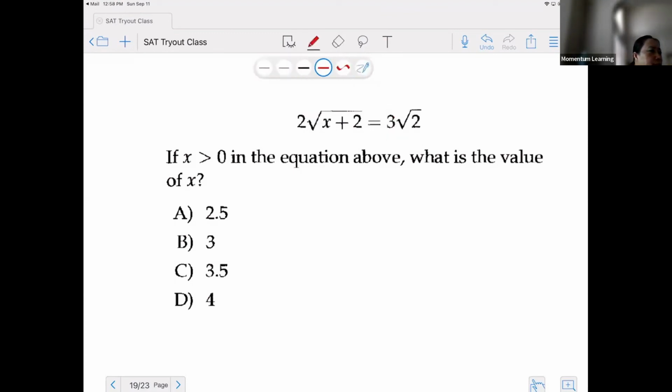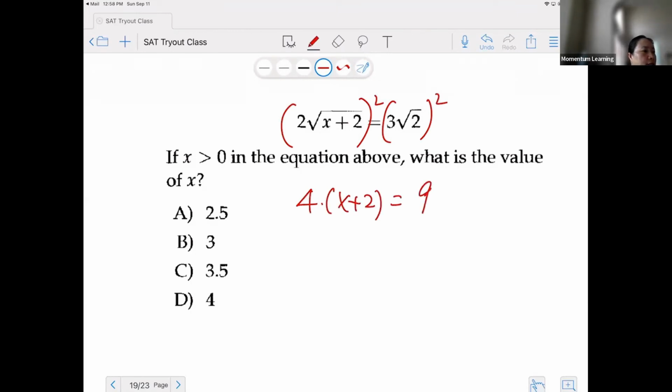Okay, square both sides. When you square both sides, I have 4 times the x plus 2, and I have 9 times 2. And then it's easy. 4x plus 8 equals 18, and then x equals 2.5. You square both sides, solve for x.